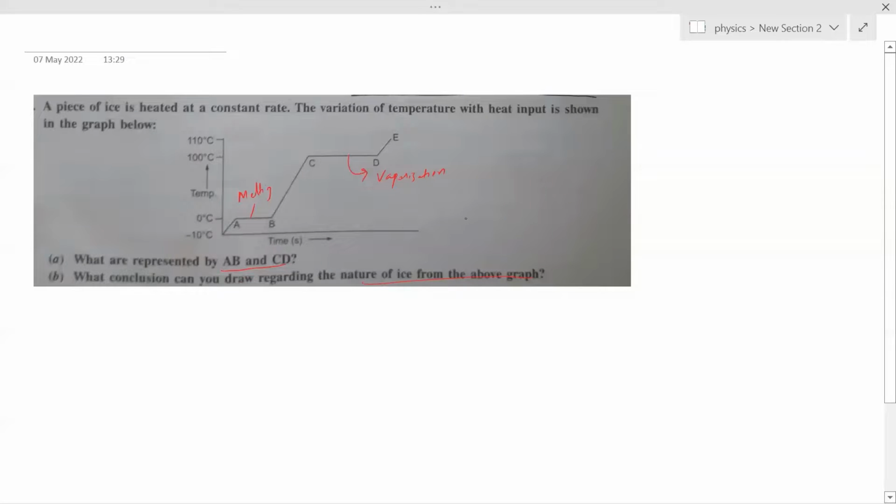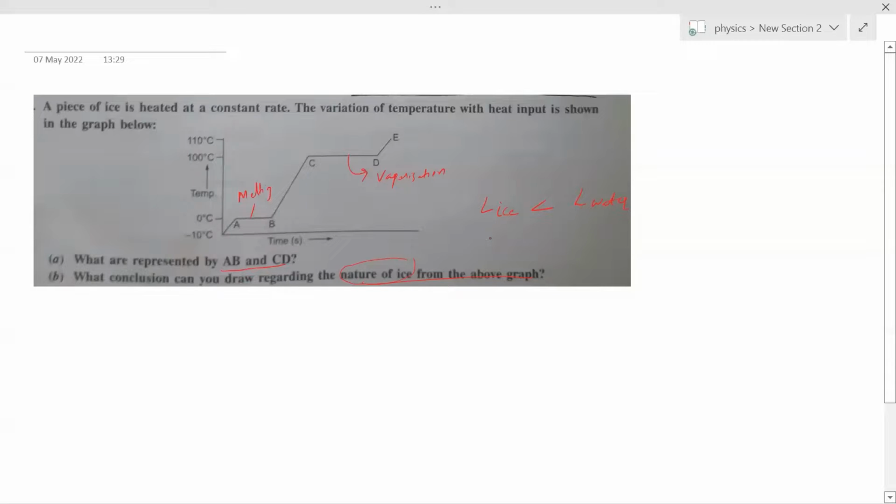Yeah, same thing we can write like this. Specific latent heat of ice is less than latent heat of water, because they are just asking the nature of ice now. So specific latent heat of ice is less than latent heat of water.